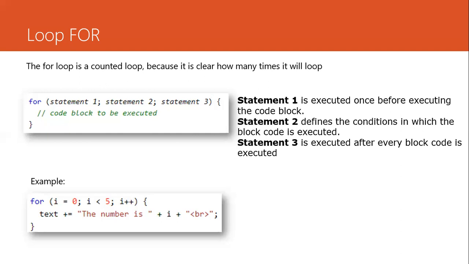And then I will show this sentence again, the number is 2, and we can continue until i is 5, because when i is 5, it does not meet the condition, so we don't need to repeat this loop again.